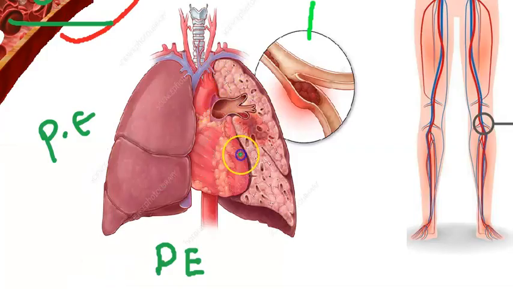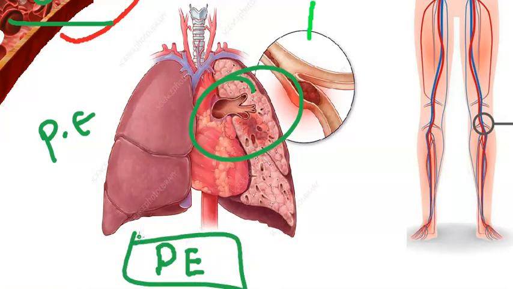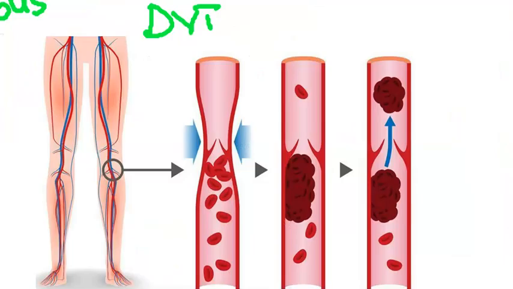And here we also have the one in the lungs, which we call PE, which stands for pulmonary embolism. And the last one, we have the DVT, which is a common and potentially life-threatening condition that can be seen in vascular surgery, the formation of a blood clot in the veins, which we call DVT, deep venous thrombosis.